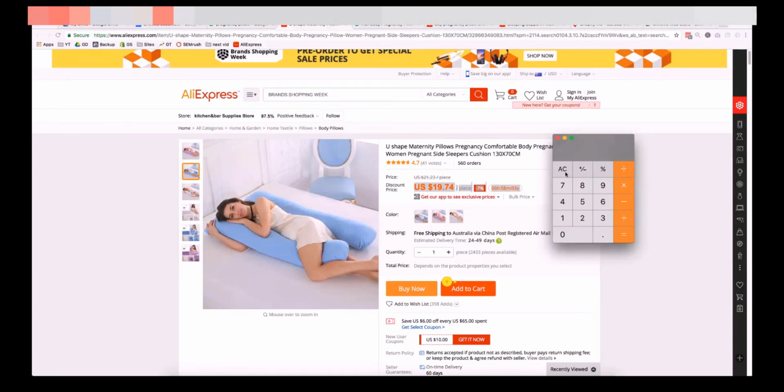So $34.99 minus $19.74, because we're going to get $15 profit from that if we sell it at $34.99. And I'm happy with that because right now we're in the product testing phase.